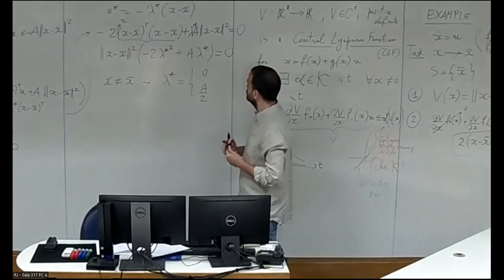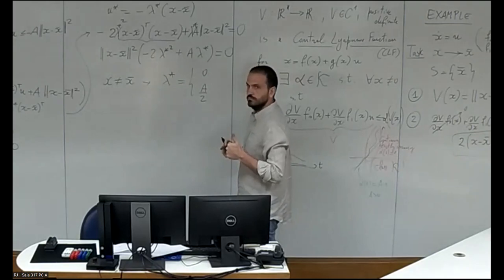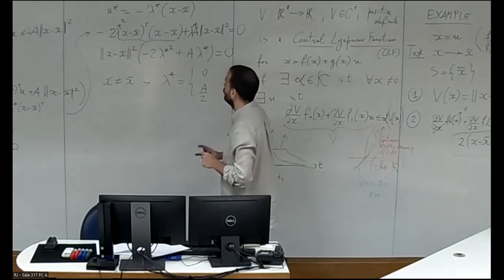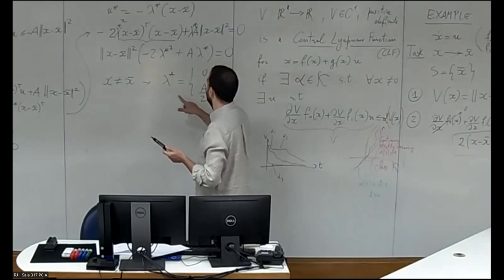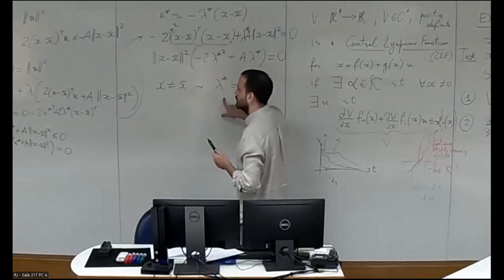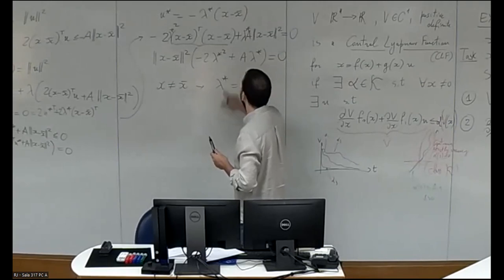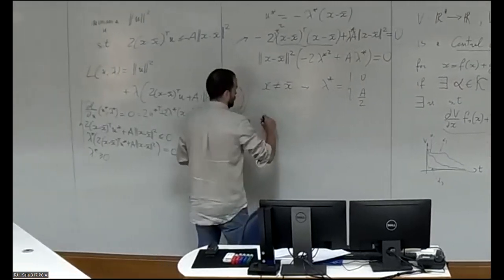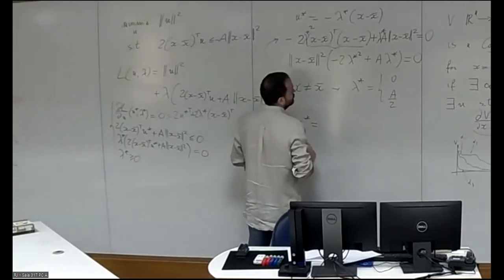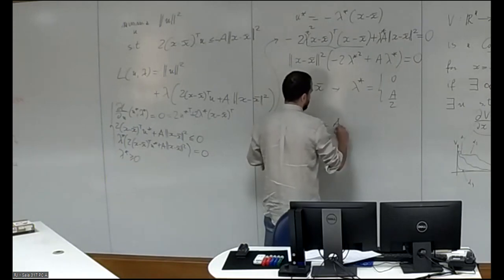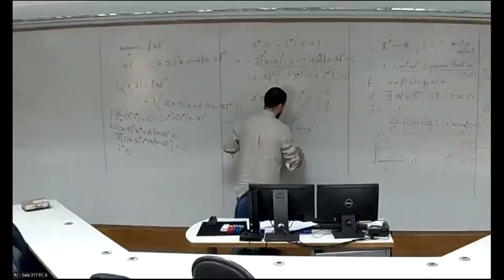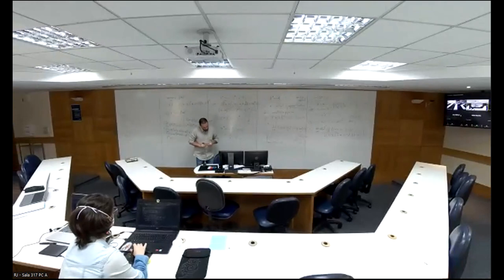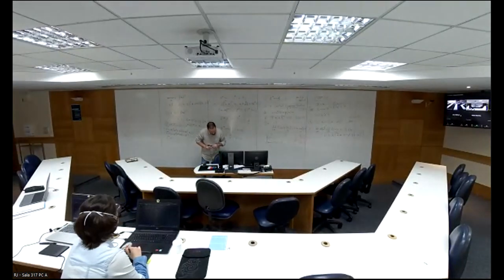Because then we can plug this in here, and we get u star equal to minus (x minus x bar) times a by 2, which is a by 2 times (x bar minus x). I hope I didn't make a mistake.